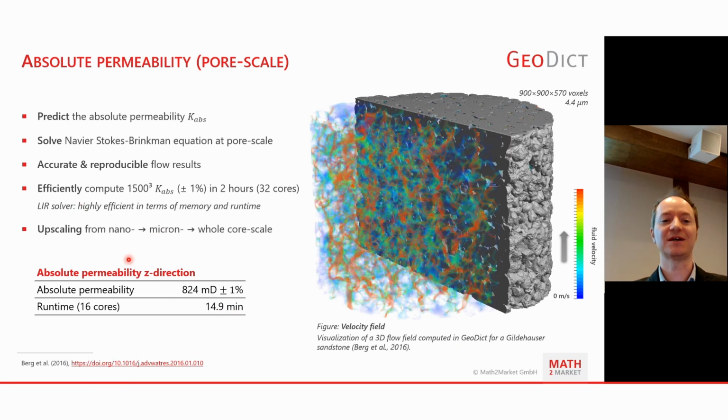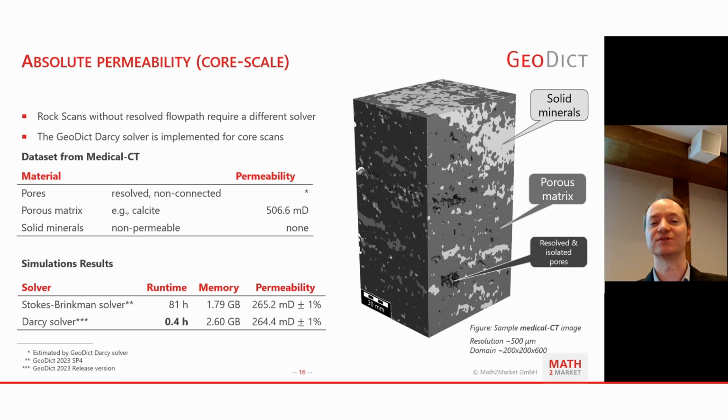So having these kind of data, you can also do upscaling, which brings me to the next slide. So if you have a medical CT data image, all you need is a matrix permeability. So matrix is here this gray material. Then we have the solid material in a bright gray, and we have resolved and isolated pores in here. And if you have a permeability of the porous matrix from a micro CT approach, you can predict the permeability for the entire core in GeoDict.